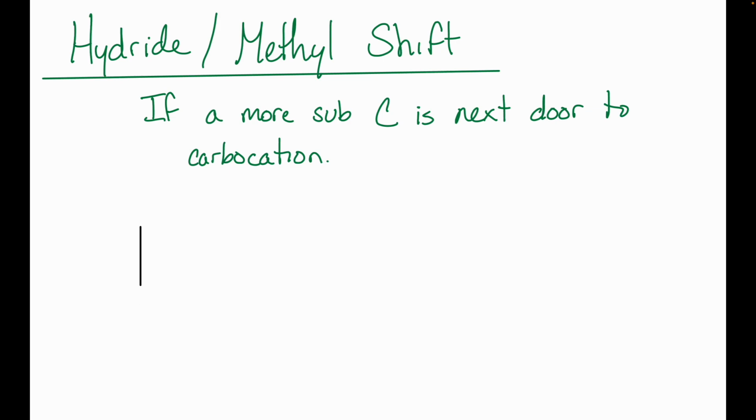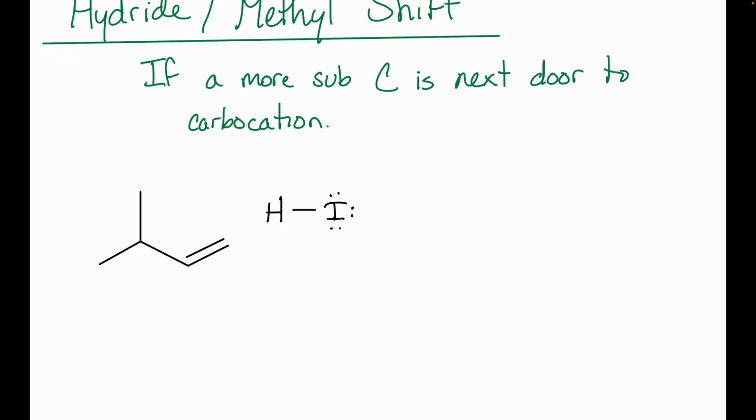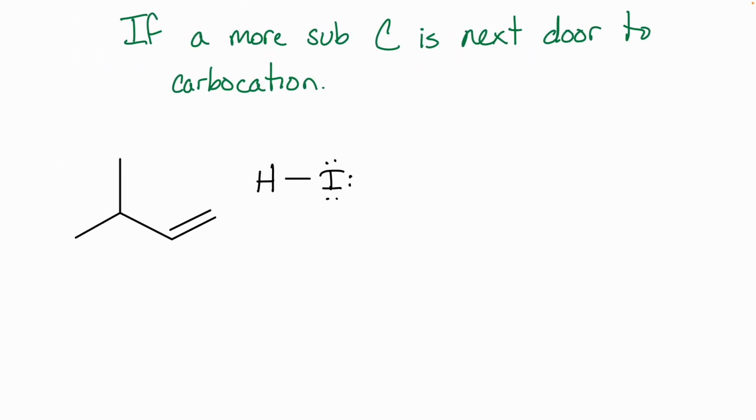All right, so what do I mean by that? Let's take an example here. We'll use our last strong hydrohalide acid here. Okay, our first step is going to be the exact same.